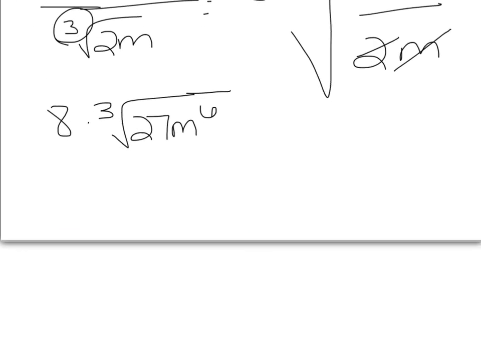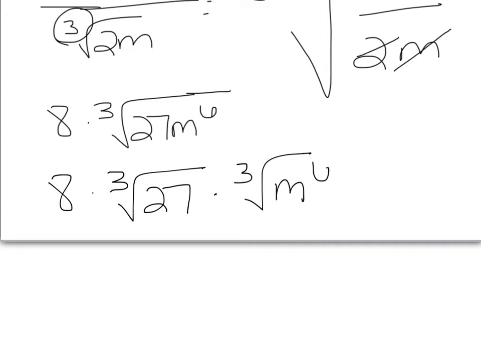Slide this up a little bit. Now you can also look at this as 8 times the cube root of 27 times the cube root of m to the 6th. If cleaning it up like that makes it a little bit easier for you to see, you can definitely do that. And we know that the cube root of 27 is 3. And if we want to figure out the cube root of m to the 6th, we just take our exponent and divide it by our index.